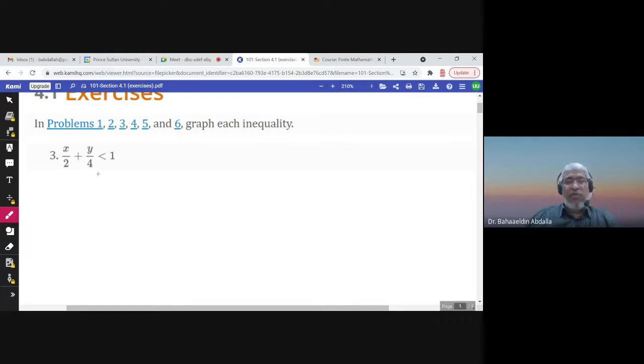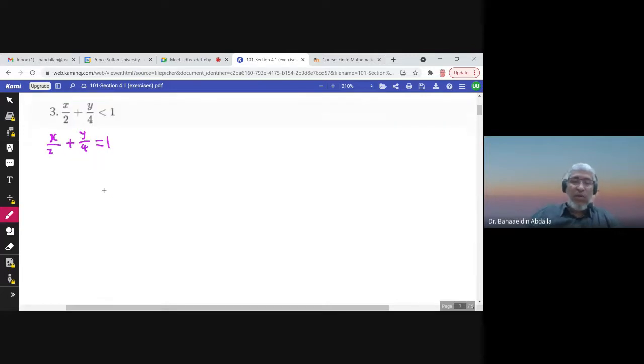Okay, and to find this half, we need first to sketch the graph of the line x over 2 plus y over 4 equals 1. So we can multiply by 4 here. So 4 times x over 2 plus 4 times y over 4 equals 4 times 1.